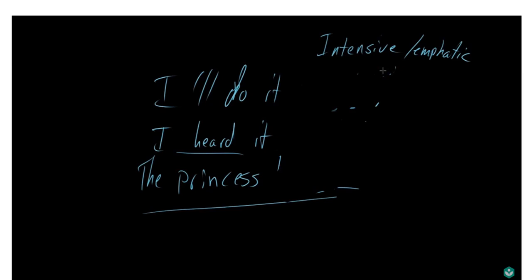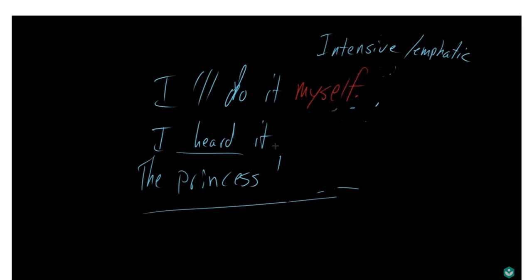They're not essential to the understanding of the sentence. You're just using these words in order to hammer home a point. If someone else isn't helping you, you say, I'll do it, but you want to really hammer home the fact that you're going to be doing it alone. So you say, I'll do it myself.